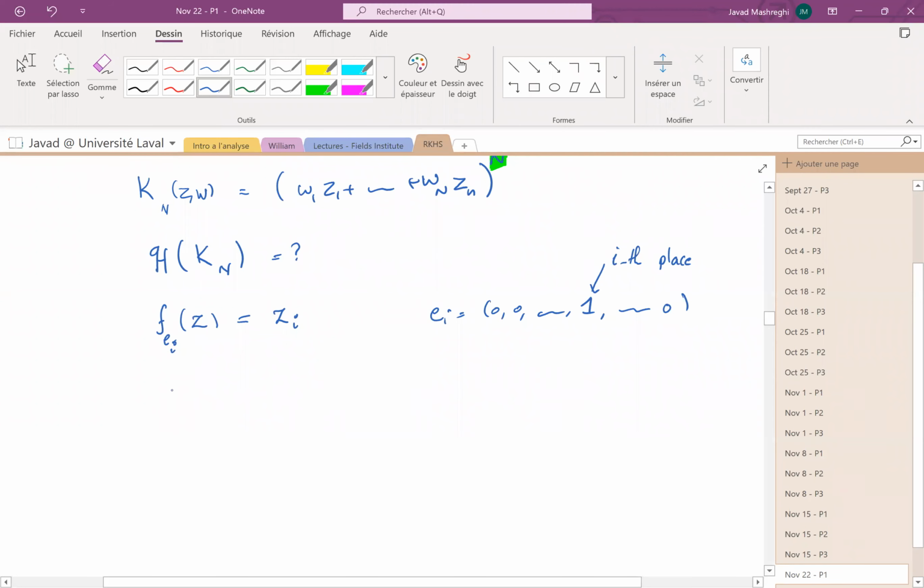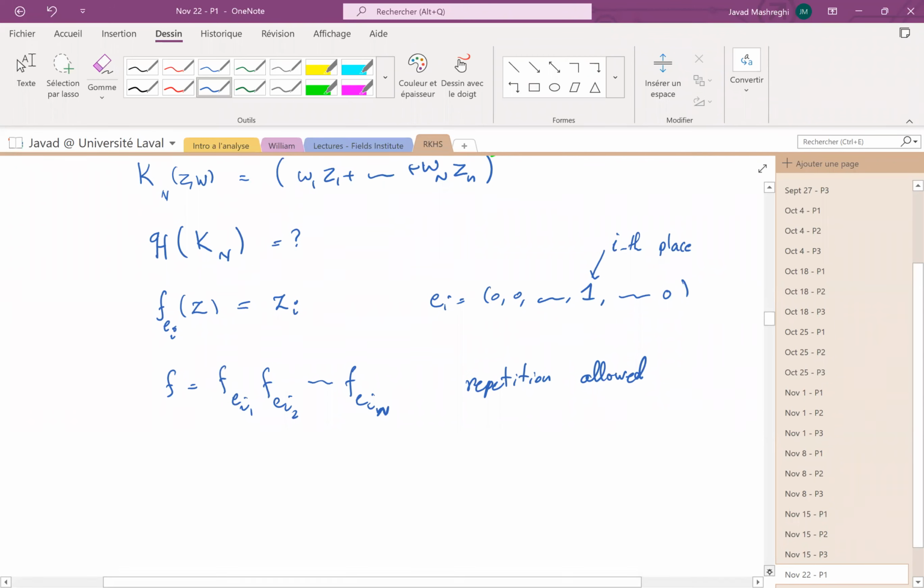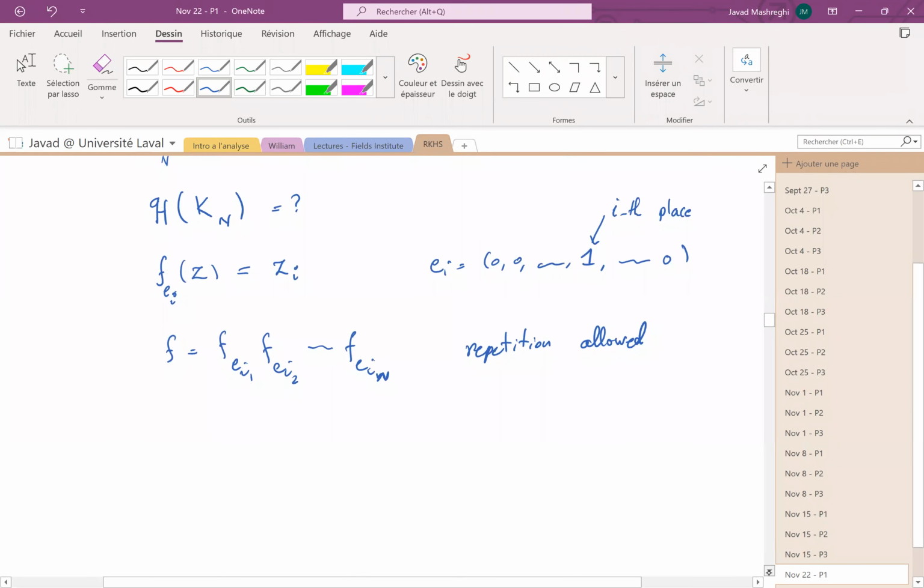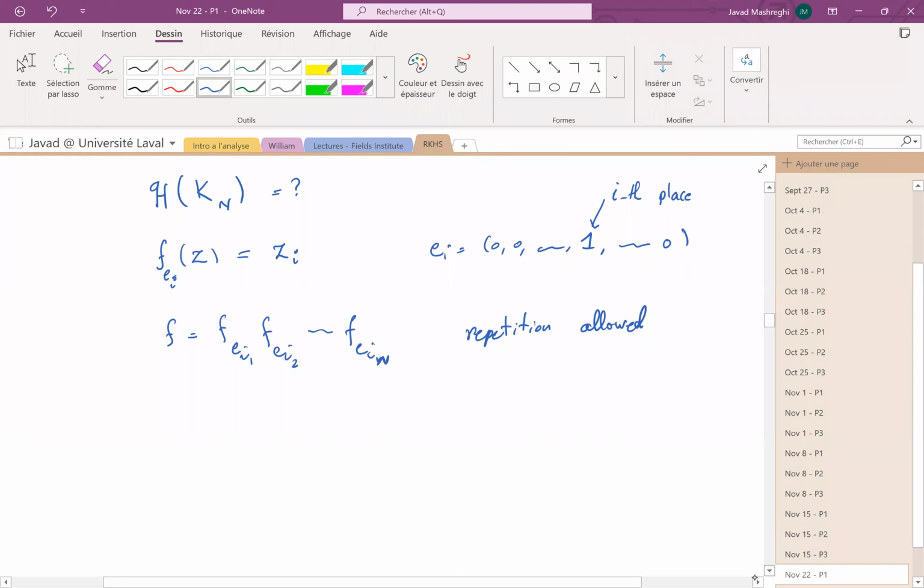So F is equal to f_{e_i1}, f_{e_i2}, up to f_{e_in}. Repetition is, of course, allowed. In the theorem, we didn't say that F1, F2, Fn are distinct. No, it can be repeated.